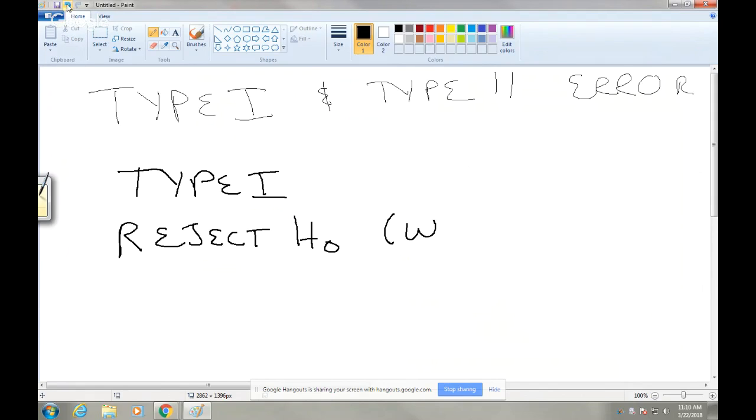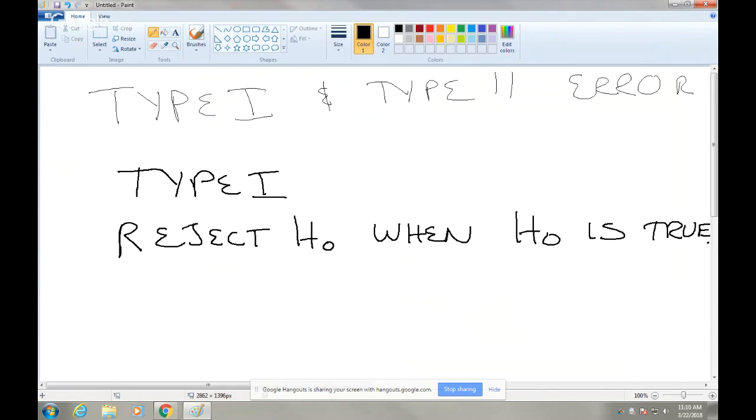even though the null hypothesis is true. In other words, we go through a test and by luck, call it good luck or bad luck, we get data that is quite far from the null hypothesis mean or the null hypothesis proportion.